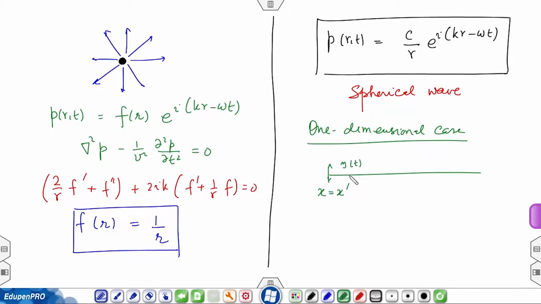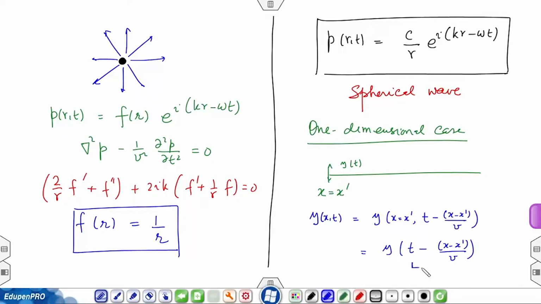Then the solution y(x,t) will be equal to y at x equals x prime at time t minus x prime over v. So, I can write this as y(t minus x prime over v). Again, notice that this time is that retarded time.